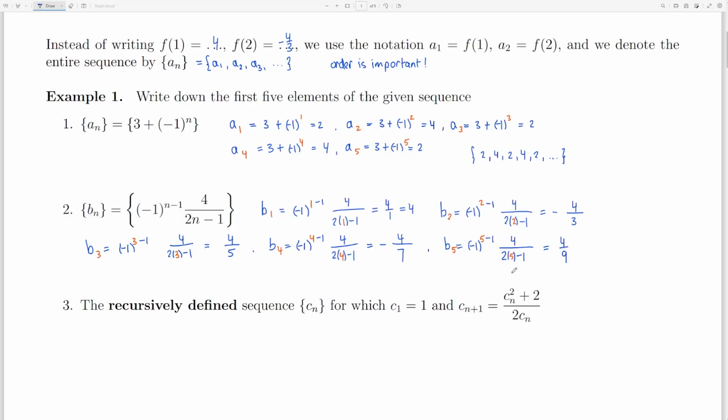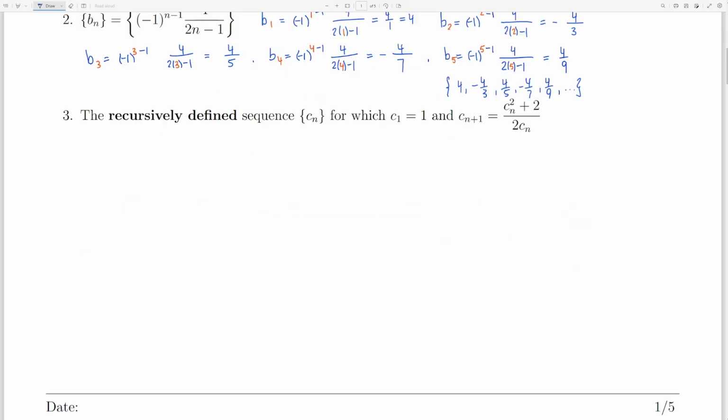Okay, so if we collect all the terms of our sequence, we get 4, -4 over 3, 4 over 5, -4 over 7, and then 4 over 9. And then that sequence continues indefinitely. And this is actually the sequence that we started the lecture with.